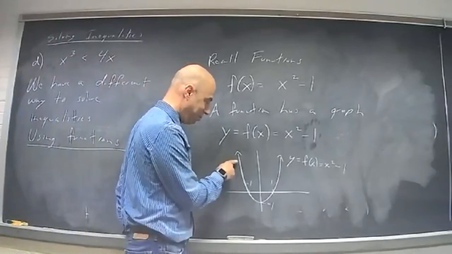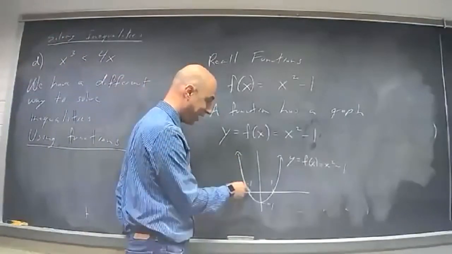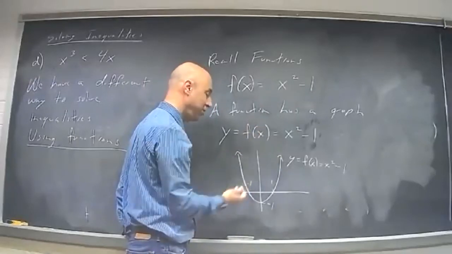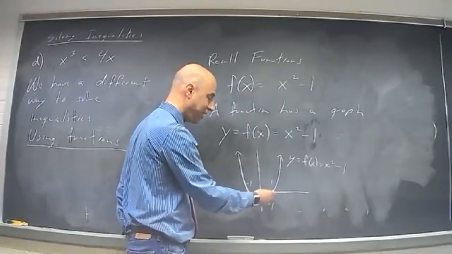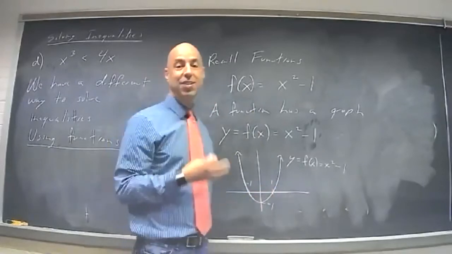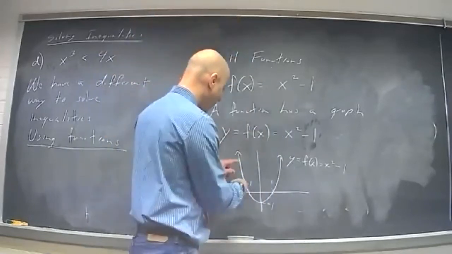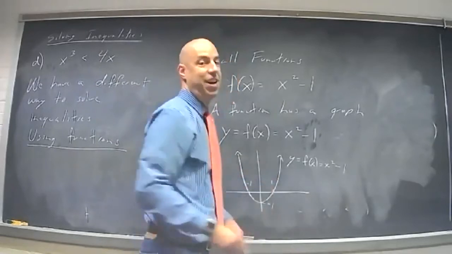The salient point at this step is to realize that sometimes, for some values of x, this is above the x-axis. In other words, it's greater than 0. For some values of x, it's below the x-axis, in other words, less than 0. And where it goes from being greater than 0 to less than 0, or less than 0 to greater than 0, it crosses the x-axis.